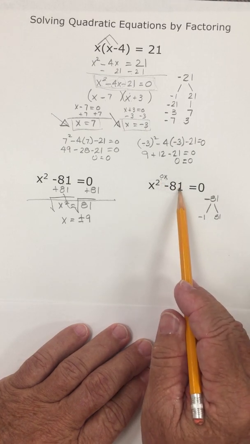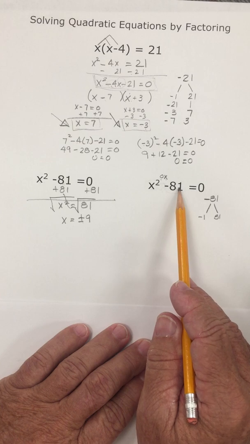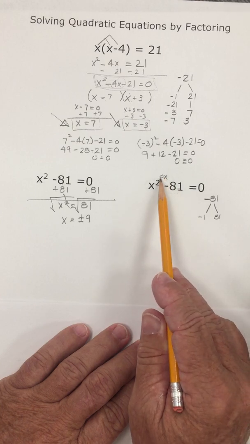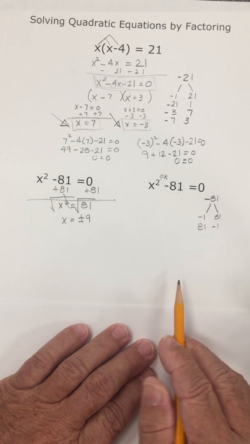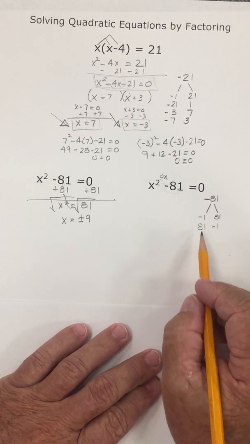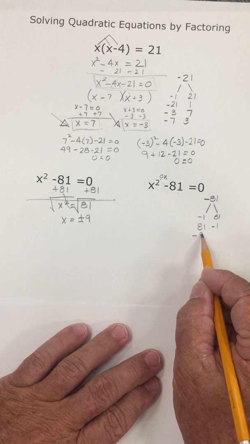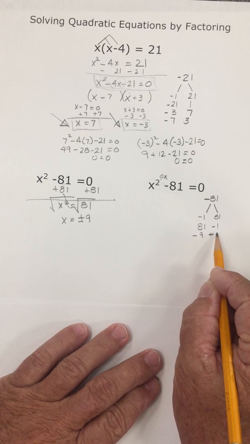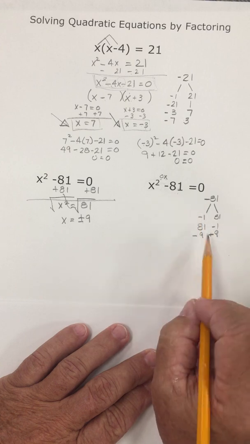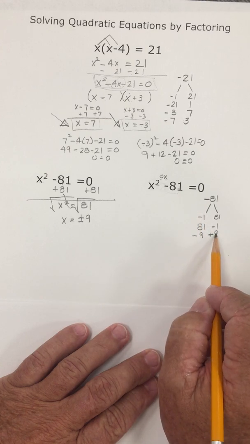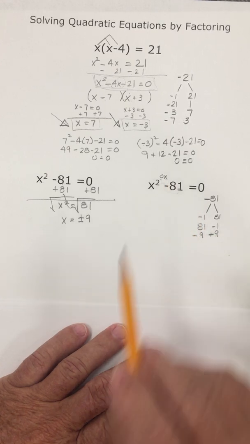What 2 numbers do we need to multiply together to get negative 81? But when we add them, we get 0. Well, how about 81 and negative 1? See, I'm being ridiculous because you guys got that. How about negative 9 and positive 9? Absolutely. That is negative 81. 9 take away 9 is 0.